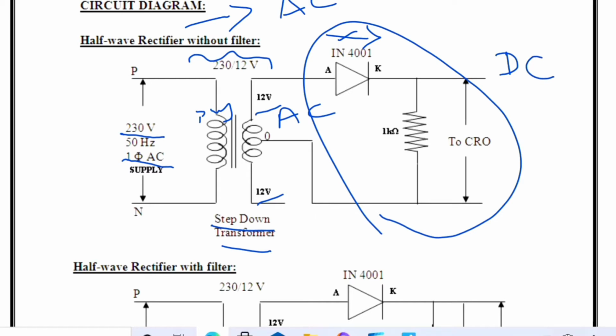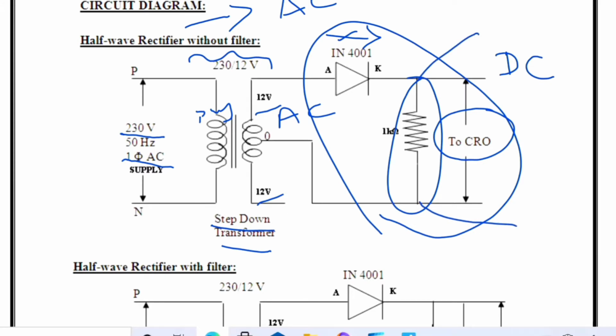To absorb the DC we will have some load, let it be a 1 kilo ohm resistive load. To show the output waveform, we need a CRO. The values are measured across the 1 kilo ohm resistor using a multimeter. So using a multimeter we have seen the values here.